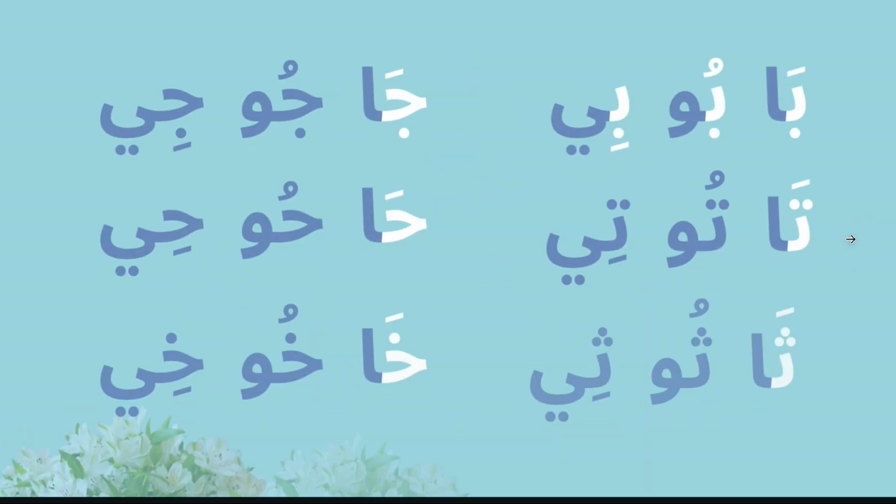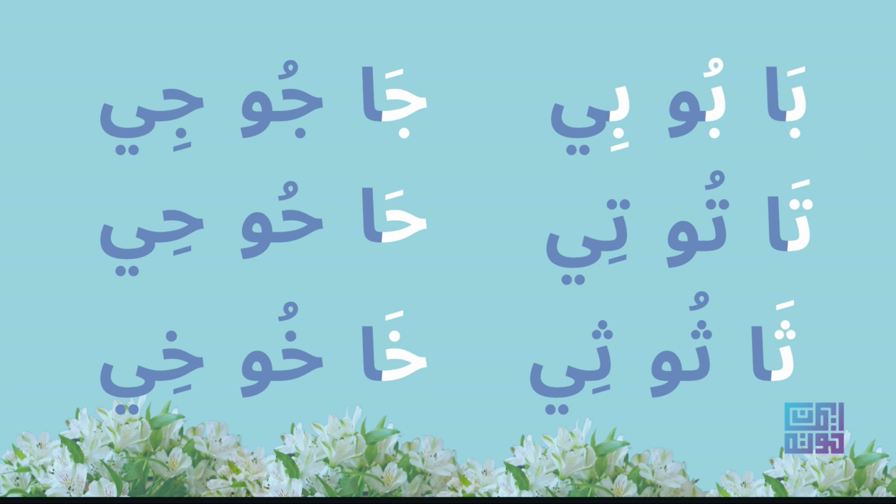Let's take the letters and let us see how we are going to apply this in our reading. I took the letters. As you see, the alif is not one of these letters. Why is that? Because the alif always has a fatha before it. Always. Okay? It will never have a dhamma or a kasra before it.